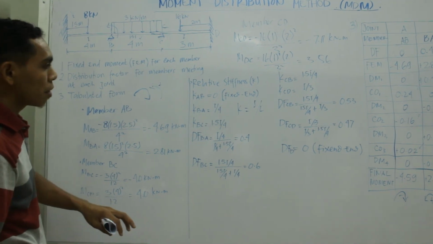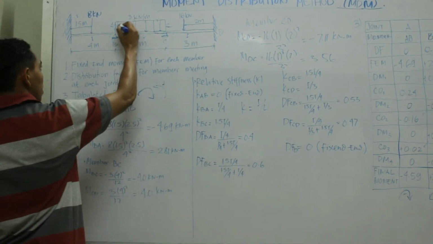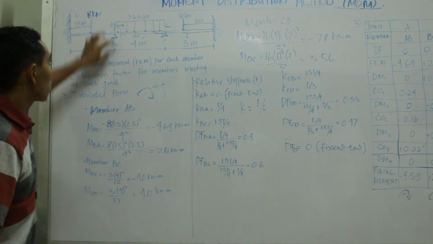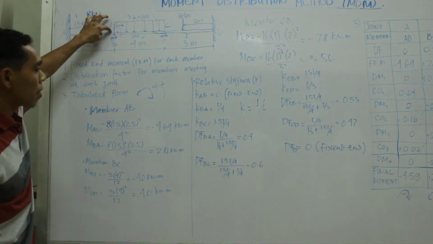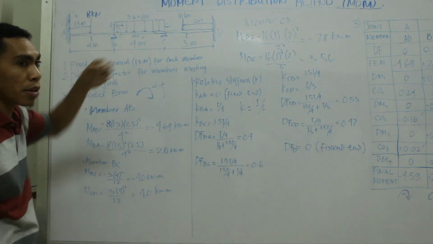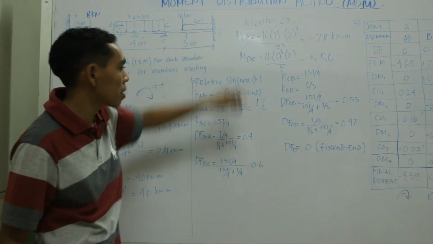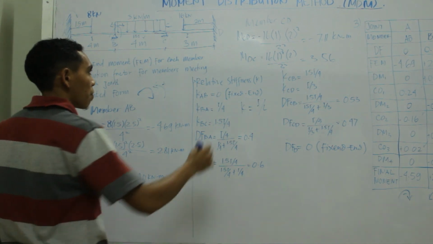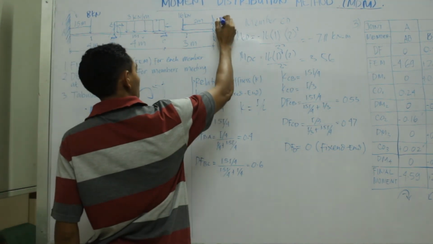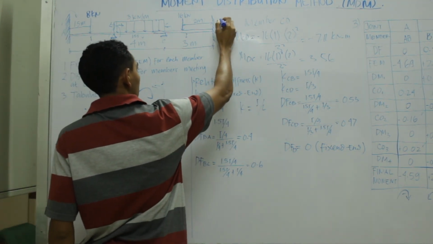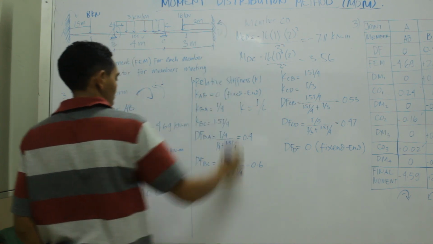And for BC, we have clockwise direction. So this one is negative and positive, so the moment here will become equal to 0. The same thing is done here, and for the fixed end we have positive 4.27. So this is counterclockwise direction. The moment here will be in the counterclockwise direction.